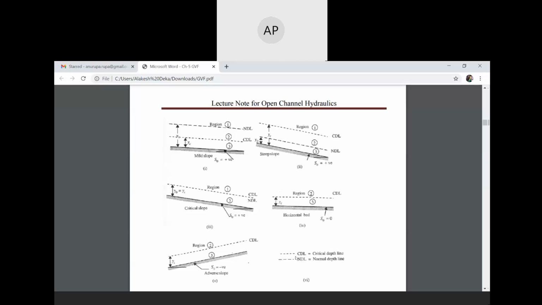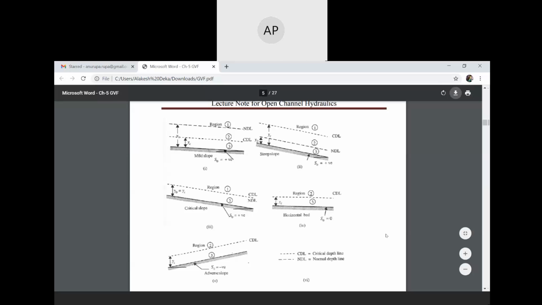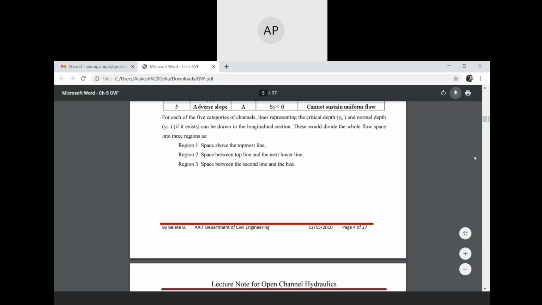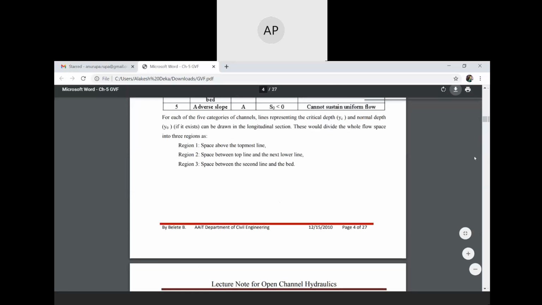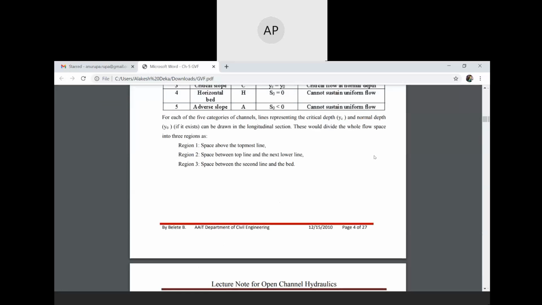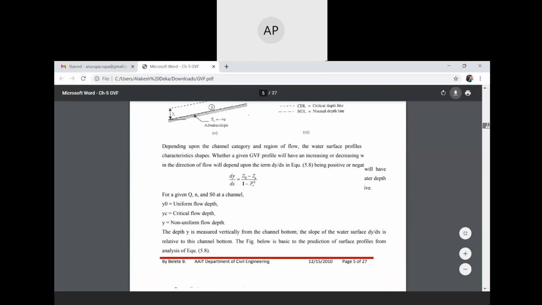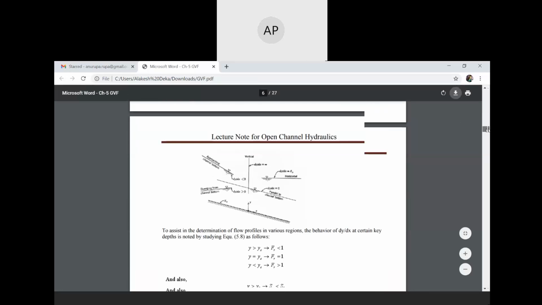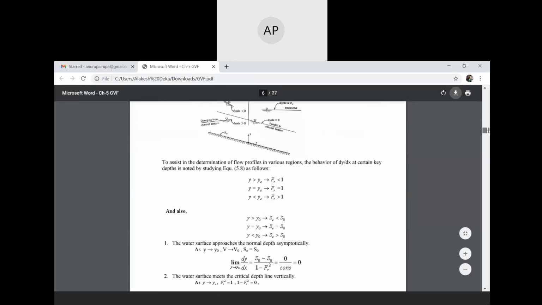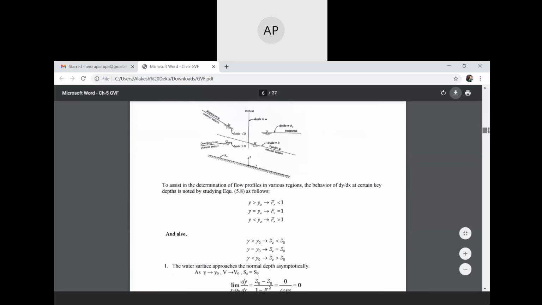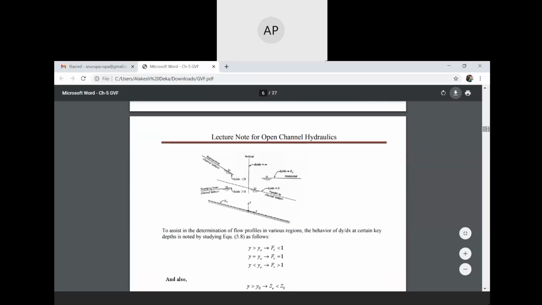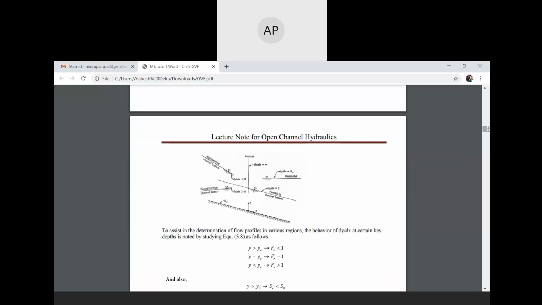There is no NDL in case of adverse slope. These are the various conditions of S profile.